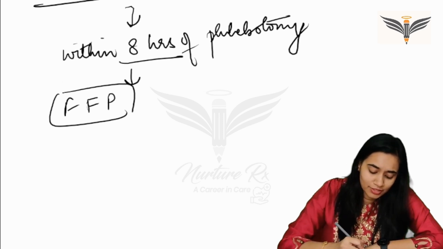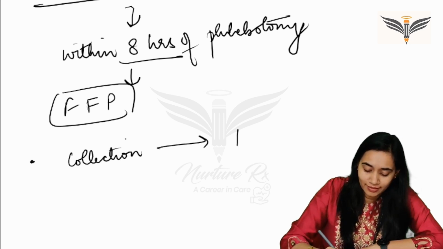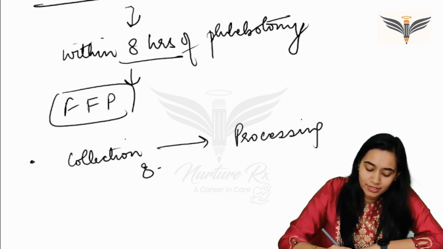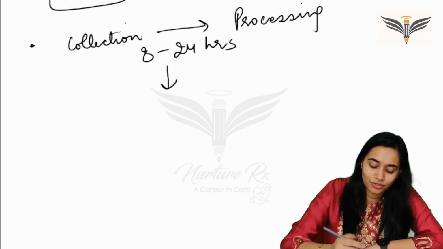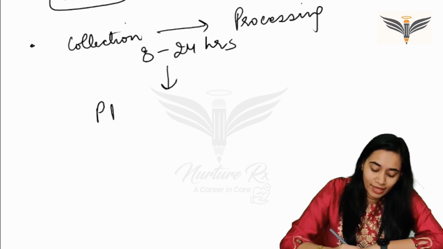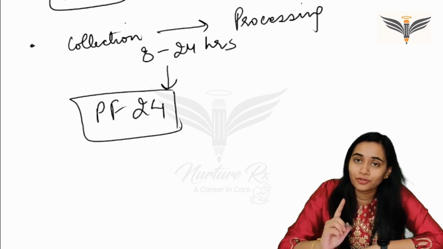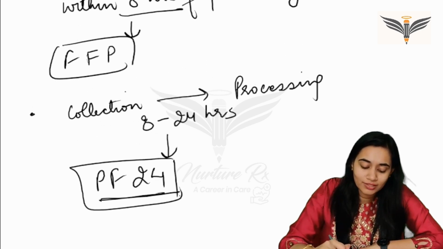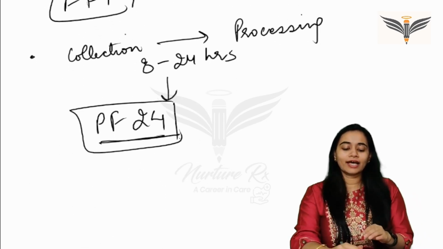If the time elapsed from the point of collection to the point of processing is 8 to 24 hours, this becomes your PF24, plasma frozen within 24 hours of collection. So what is the difference between FFP and PF24? Why will this happen?